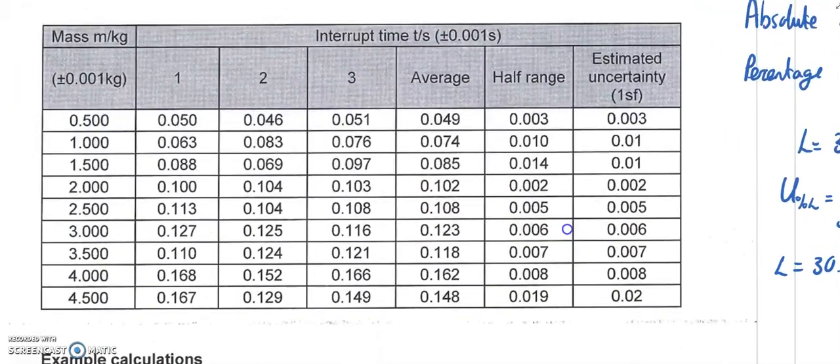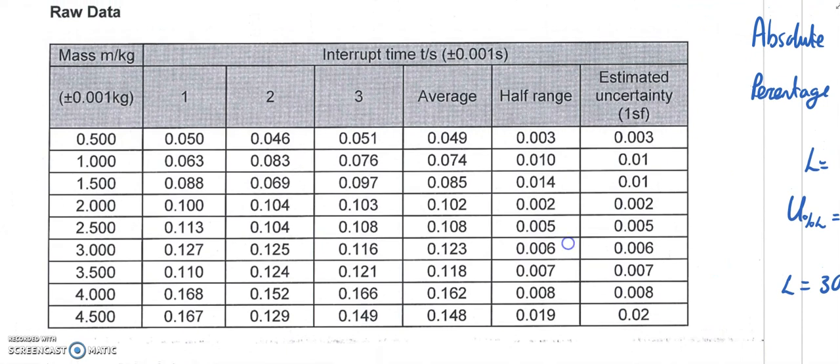Now, we have absolute uncertainties. The absolute uncertainty, which is the resolution rather, of the mass is 0.001 kilograms, i.e. we said we could measure a mass down to the nearest gram. So your values of the mass must also be quoted to the nearest gram.